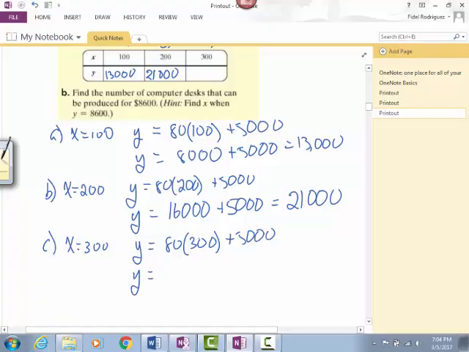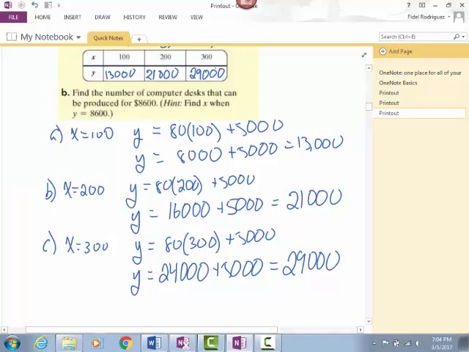Well, 80 times 300 should actually give me 24,000 plus 5,000. Well, now that adds up to 29,000. And we figured out each of those parts. So again, if you notice, it's very repetitive. I'm plugging my numbers in.